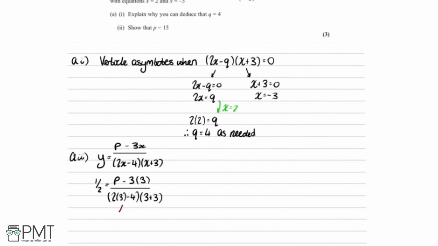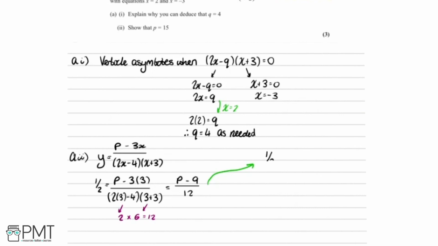So evaluating these brackets, 3 times 2 is 6 minus 4, so we get 2. And that'll be 6, so 2 times 6 equals 12. So if I rewrite that out here, we get p minus 9 all over 12. So I'm just going to move over here for our final working.